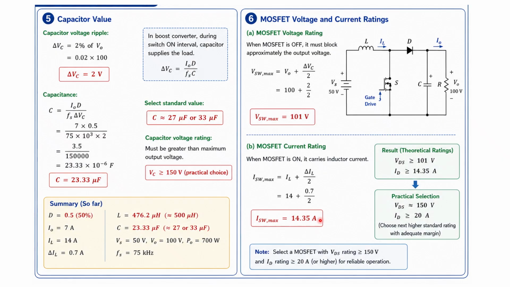You should select a MOSFET which has a current rating greater than 14.35. So in a practical application, you can select voltage VDS at 150 volt and current ID greater than 20 ampere.